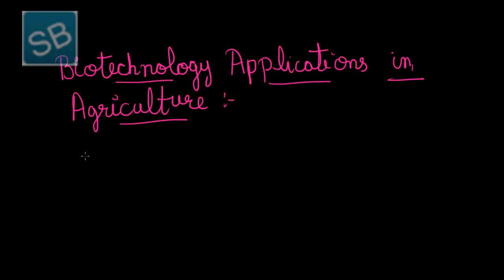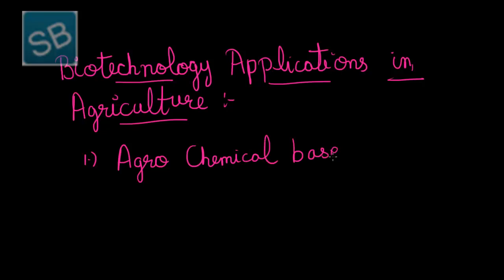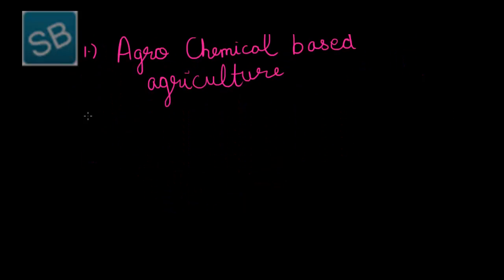These options mainly include agrochemical based agriculture, then organic culture, that is, these are the various types of agriculture with the help of which food production can be obtained.